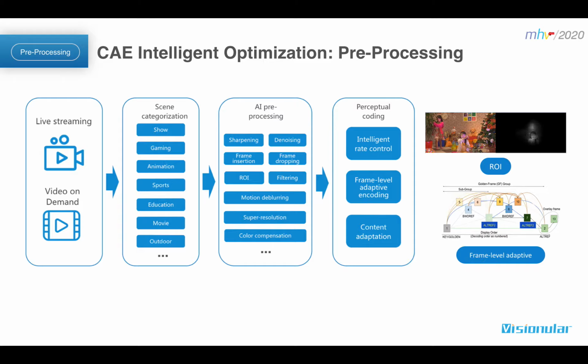For example, here we can leverage sharpening, denoising, and other pre-processing algorithms. We can use machine learning type algorithms together with traditional image processing to really remove those perceptually insignificant portions within the video content, while, for example, enhancing those perceptually significant areas and really helping facilitate the encoder.